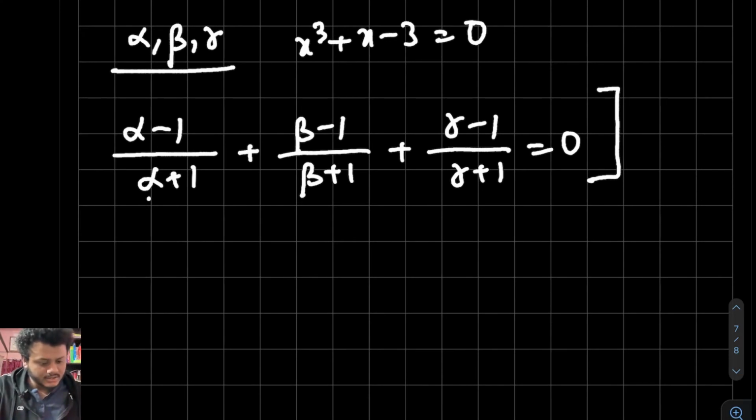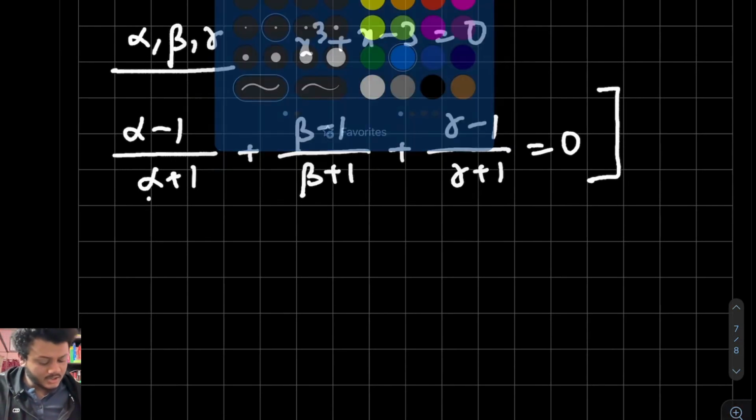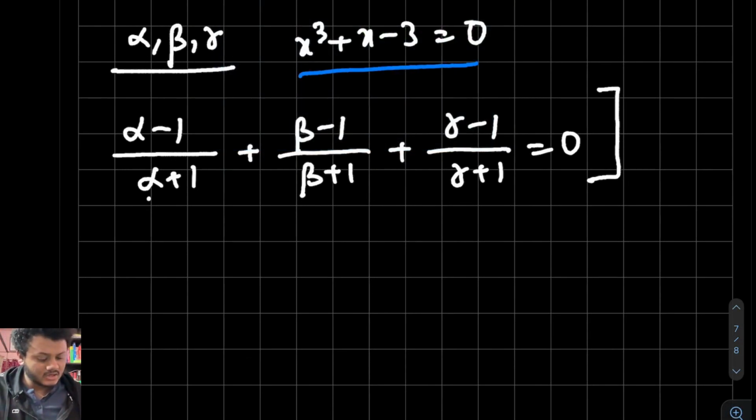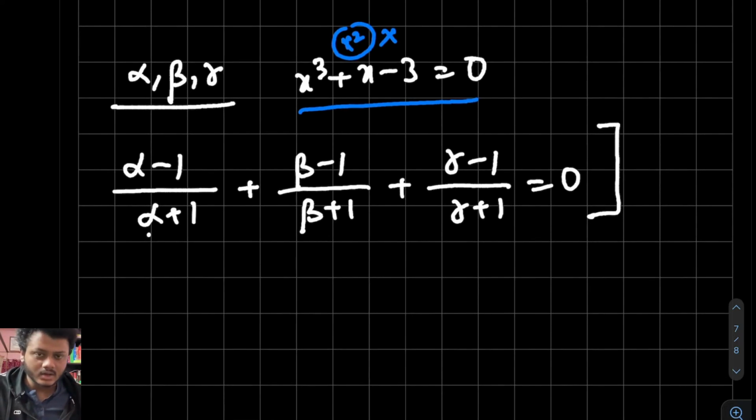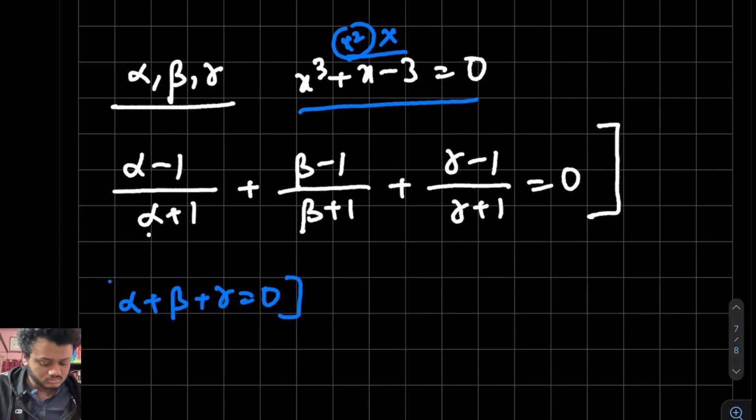Now, at the outset we can look at a particular property of this polynomial: it does not have the x squared term. There is no x squared term present. If there is no x squared term present, that means that alpha plus beta plus gamma is equal to 0, because we have read that the negative of the x squared coefficient divided by a gives us the sum of the roots.